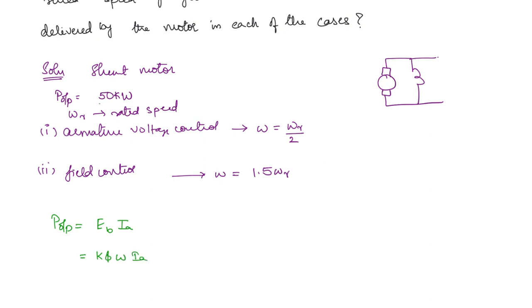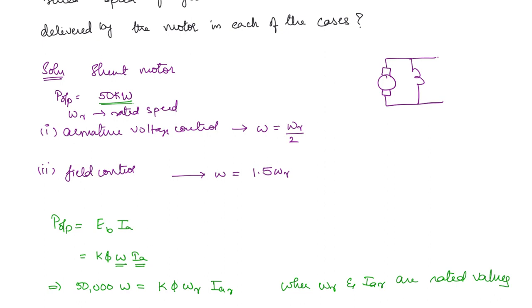Now since the rated output power is given by 50 kilowatt, that means at rated speed and rated armature current you are going to get the rated output. So you can write 50,000 watts is equal to K phi into rated speed into rated armature current, where omega r and IAR are rated values. Okay, so this is the units, watts. So 50,000 you can write. So this you can take as one equation.